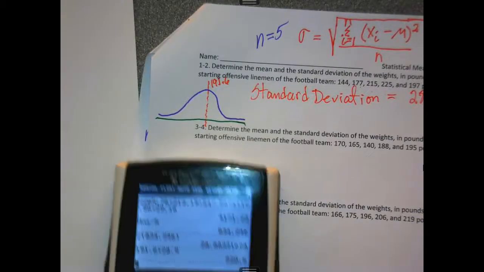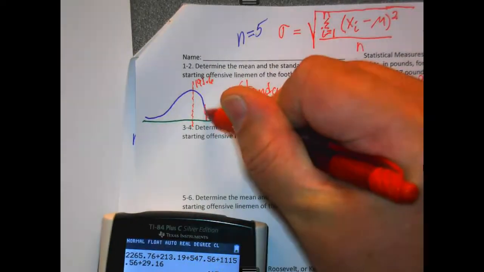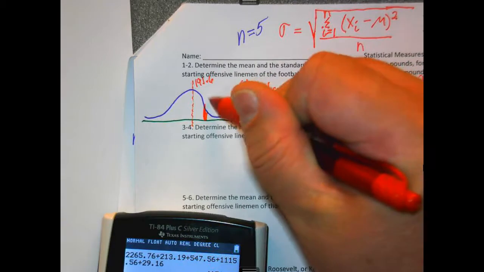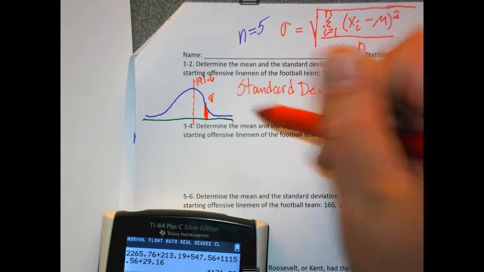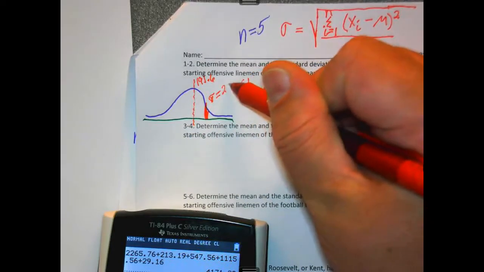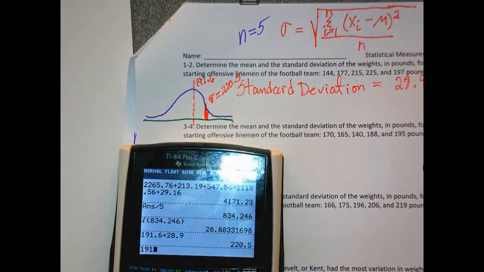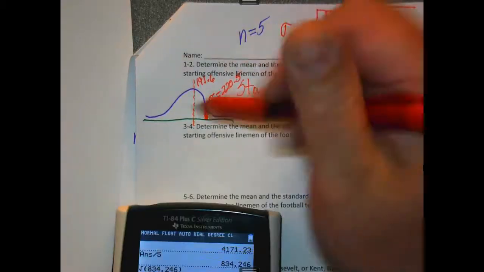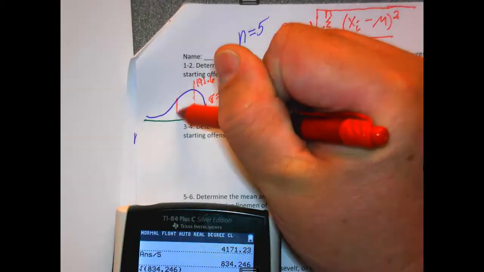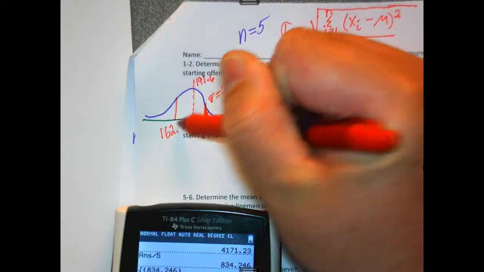That means from a standard deviation of 1, that's going to equal 220.5. And then going the other way, one standard deviation going towards the negative side, it's going to be 162.7.